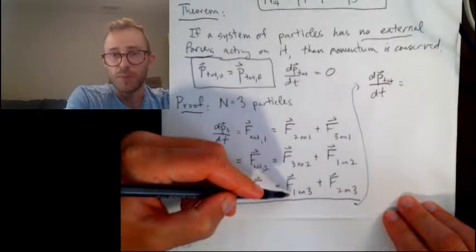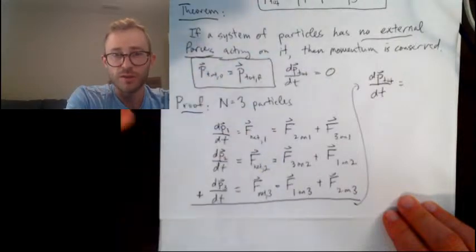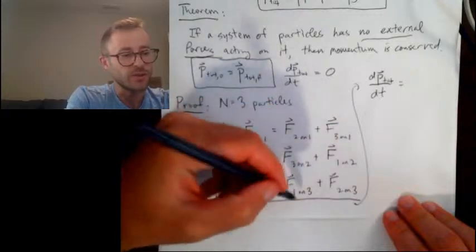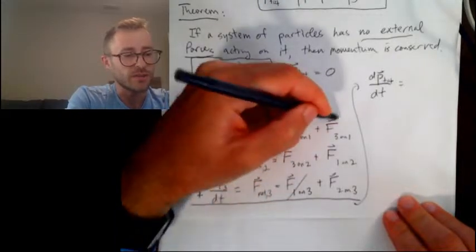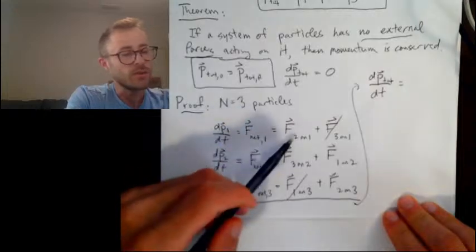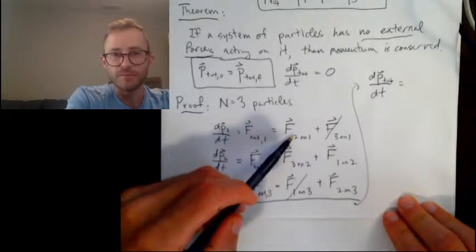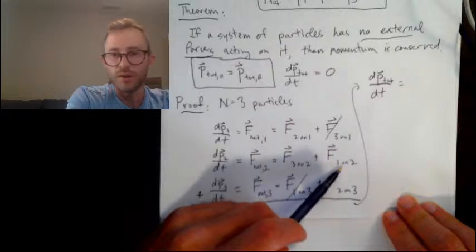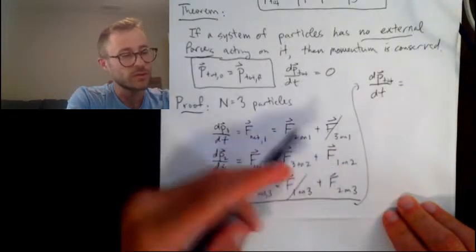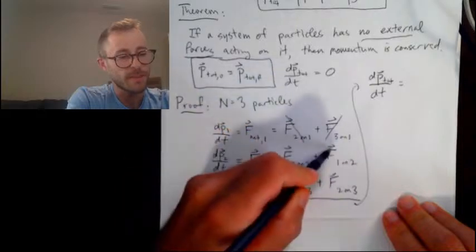By Newton's third law, those are equal and opposite forces, so if we add those two together, they cancel each other out. If we look at the force of 2 on 1, here is the force of 1 on 2. Those are equal and opposite forces, so those two cancel out.